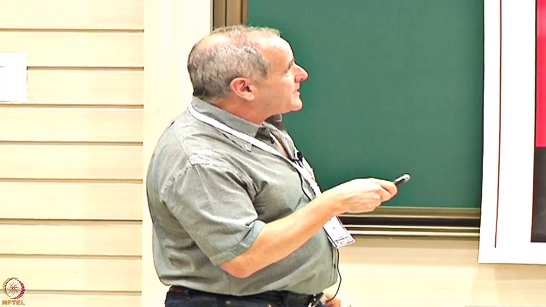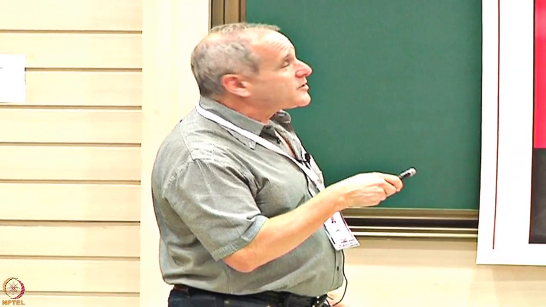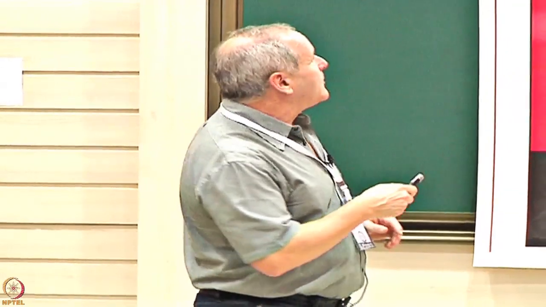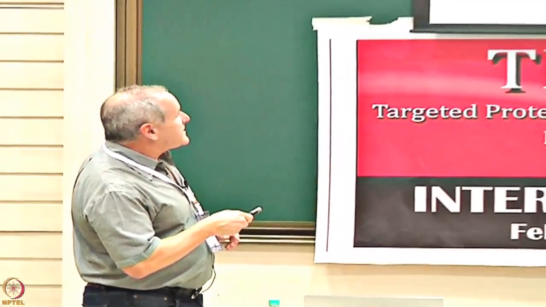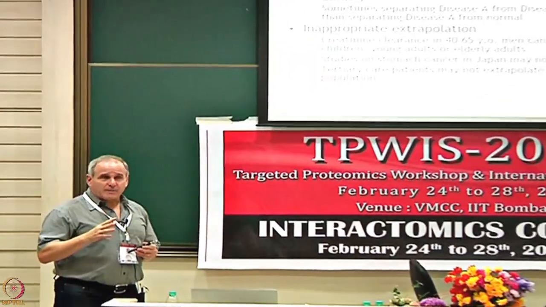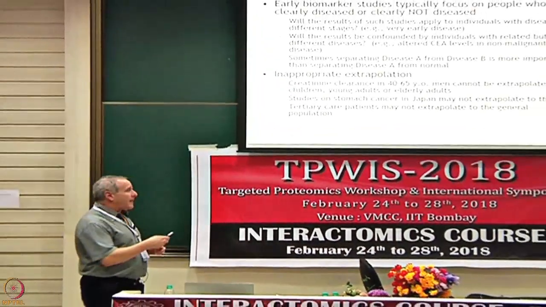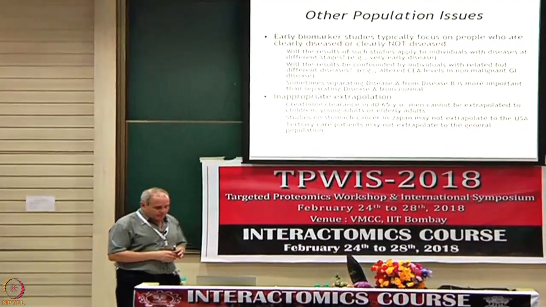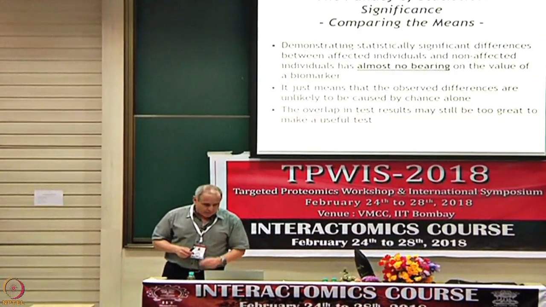For example, their kidneys don't work as well in older people, so if something is excreted by the kidneys, the test may work in a 20-year-old. It may not work in a 60-year-old. Diseases like stomach cancer, for example, don't extrapolate to the USA. The risk factors for stomach cancer are much higher there. That population is different. And of course, patients in the hospital are different from healthy people.